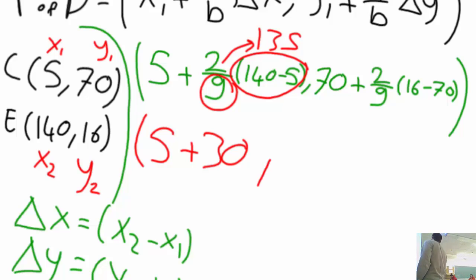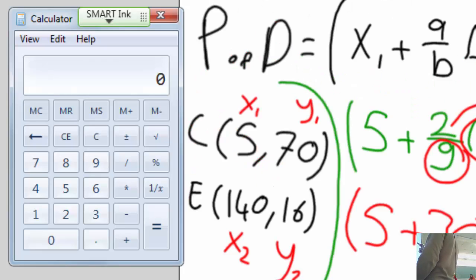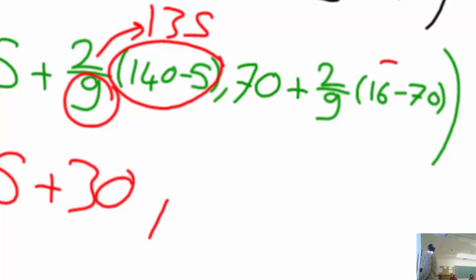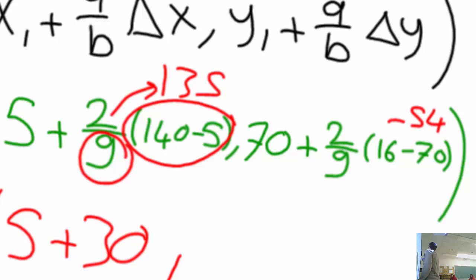Now 16 minus 70, everyone will give you negative 54. So I need to do 2 times negative 54 divided by 9.